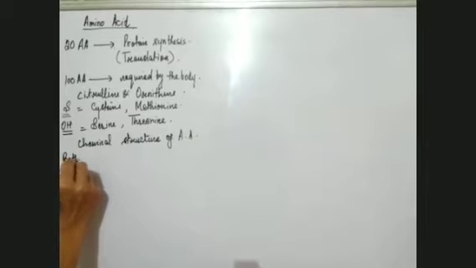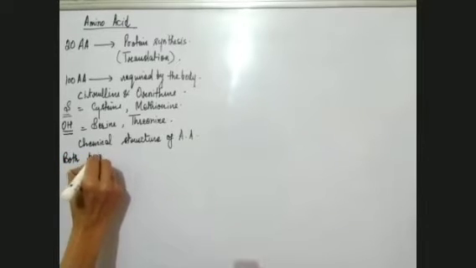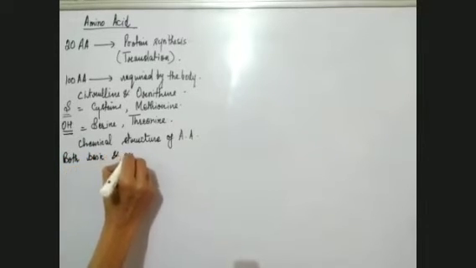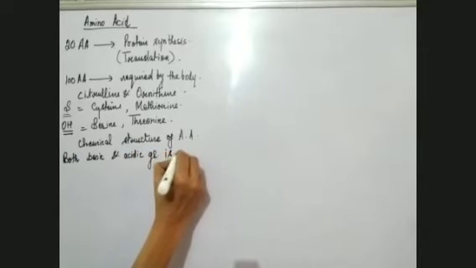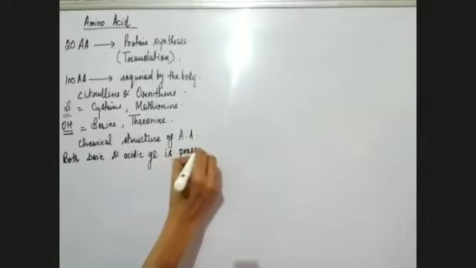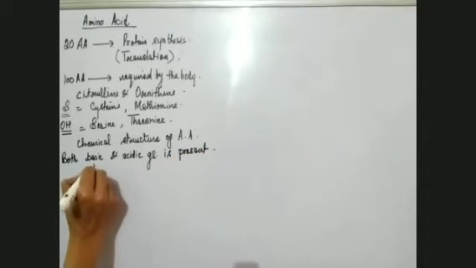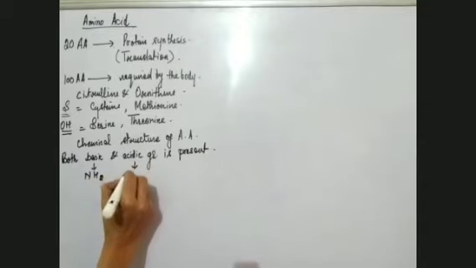Both basic and acidic group is present in amino acid. The basic group which is present is NH2, and the acidic group which is present is COOH. So two functional groups, one basic, one acidic, are present in the amino acid.